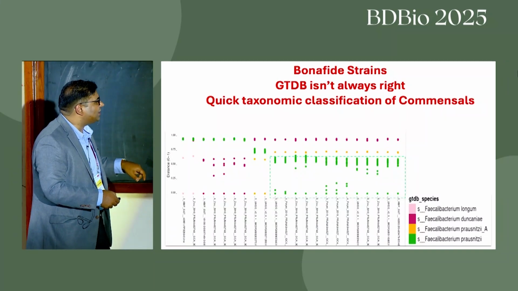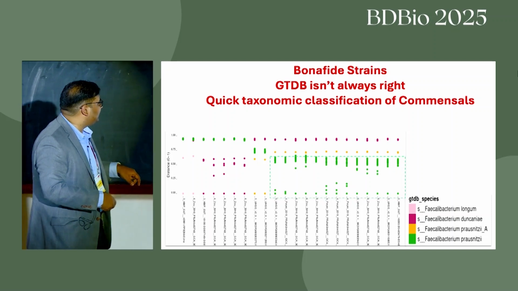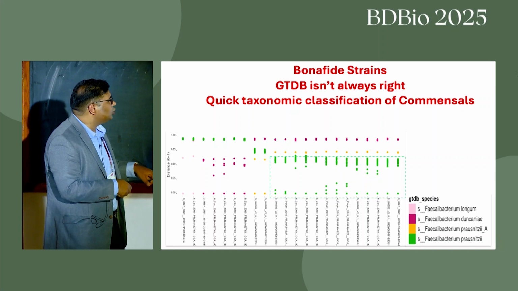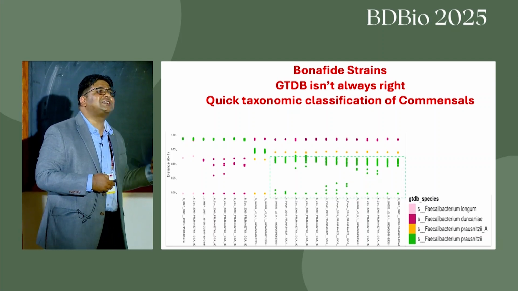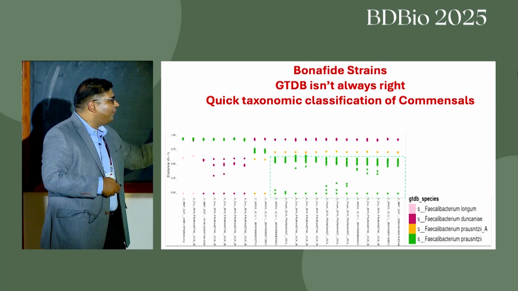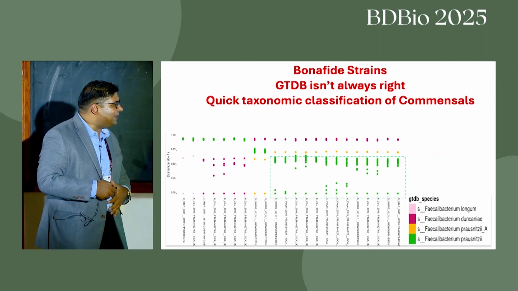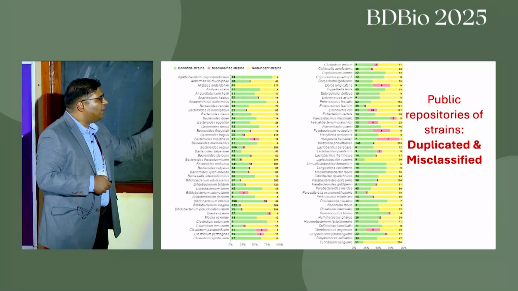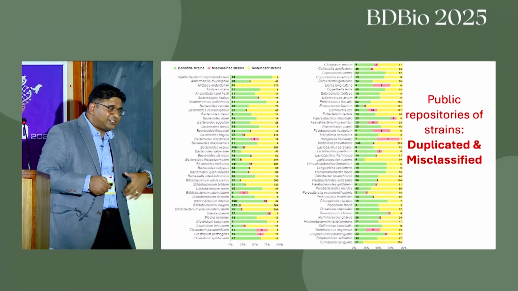If we cluster them together, we can see that for some strains, it is totally different from the rest. So clearly, there are a lot of mismatches in the public databases. We came up with clustering approaches to identify that, found errors in the GTDB databases and more, and now we have these saturated K-mers.